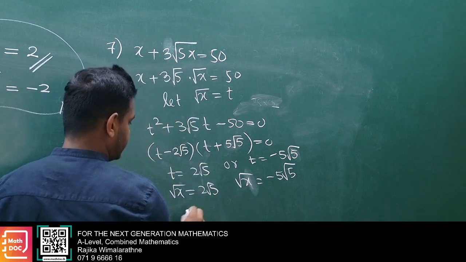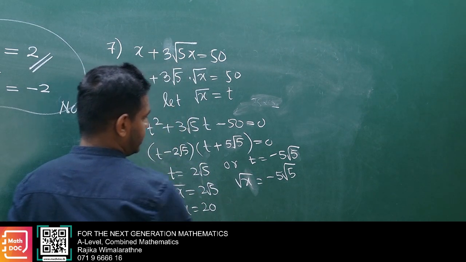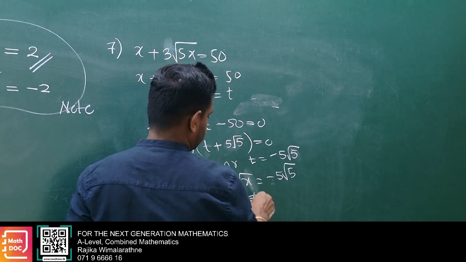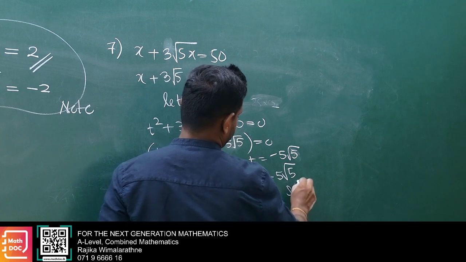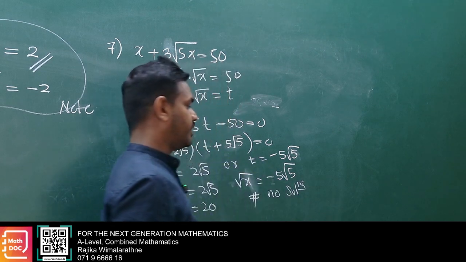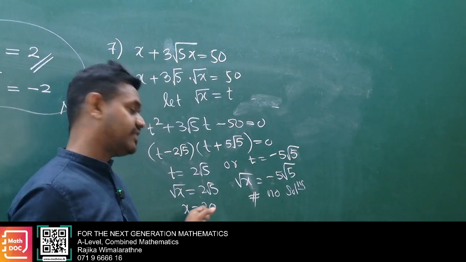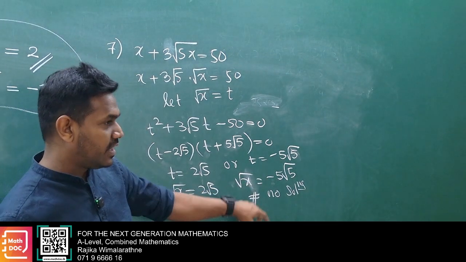Then square both sides: x equals 20. Here root x, here sign plus, here minus. It's a contradiction, no real value, no solutions. You forget it. For that you don't have a solution. For this you have solution 20. Here you can square, but here you can't square.